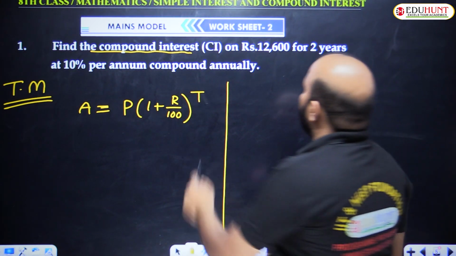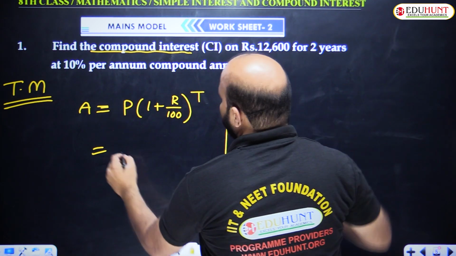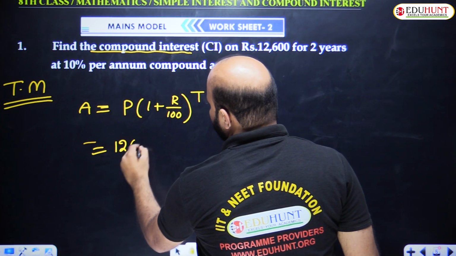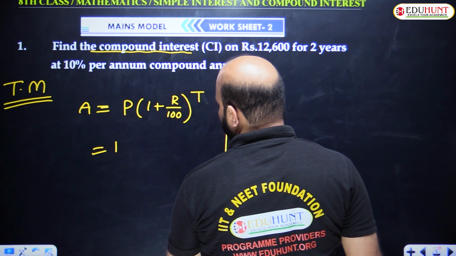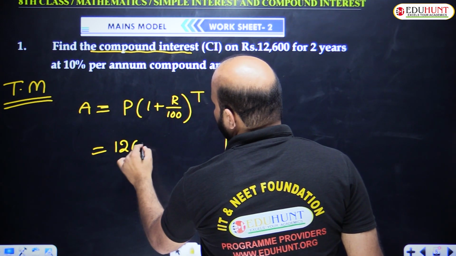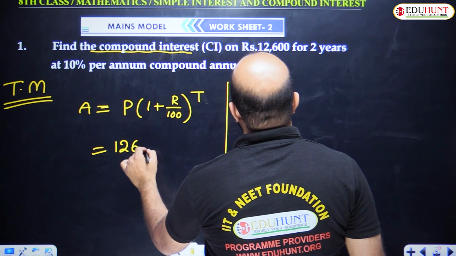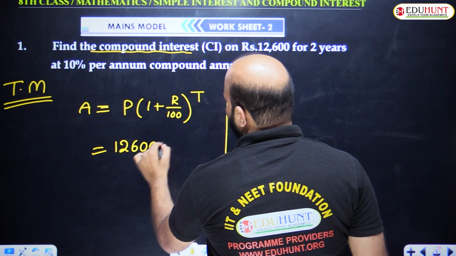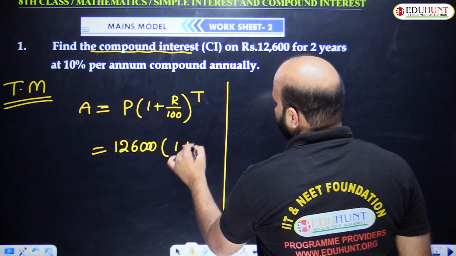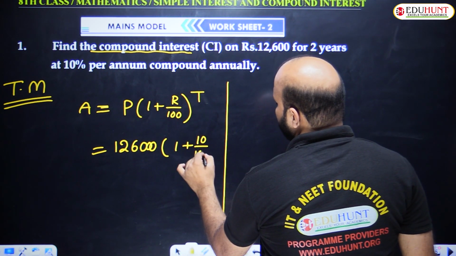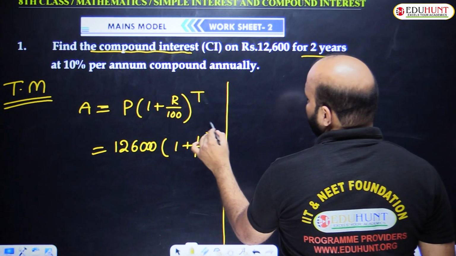So how much is given for the A value? Principal P, how much is given here? Principal money 12,600. So 12,600 into (1 plus R value, rate of interest 10, 10 by 100) whole power T, time period 2 years given, whole square taken.